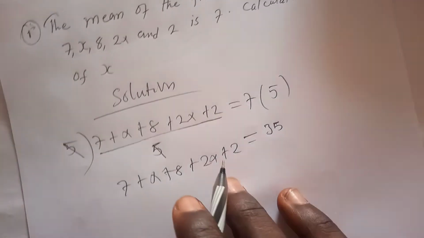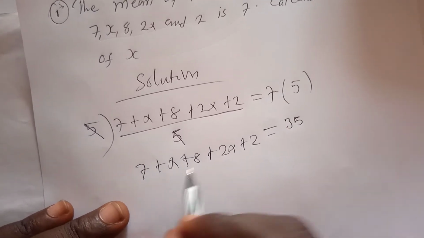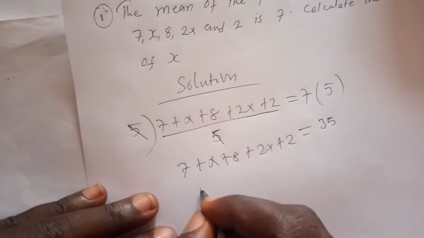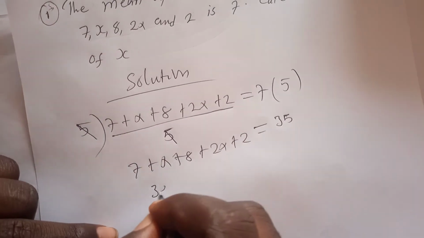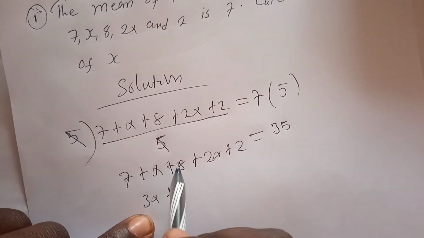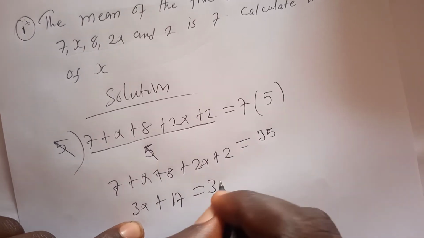you 35. So what you do, you add numbers with variables. So this will be 2x plus x will give 3x, plus 7 plus 8 plus 2 will give you 17, is equal to 35.